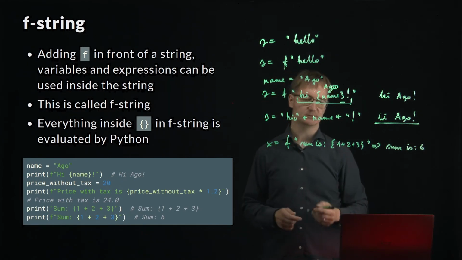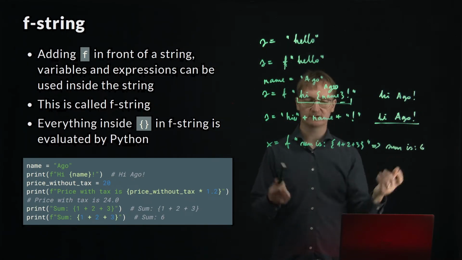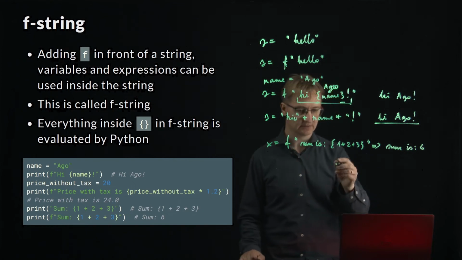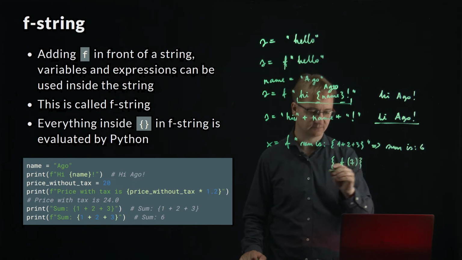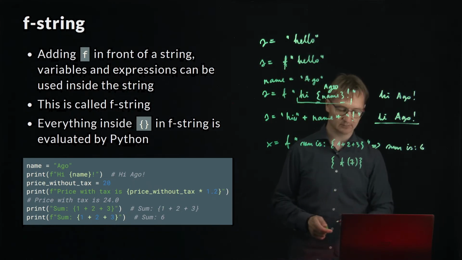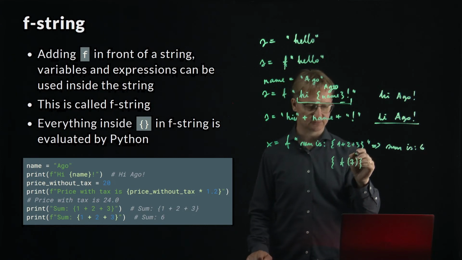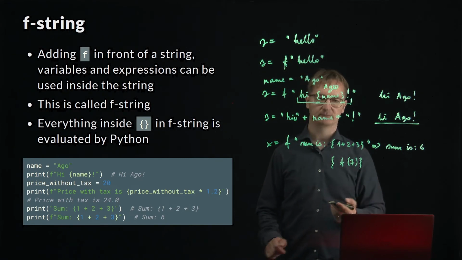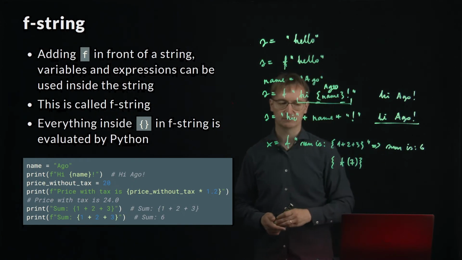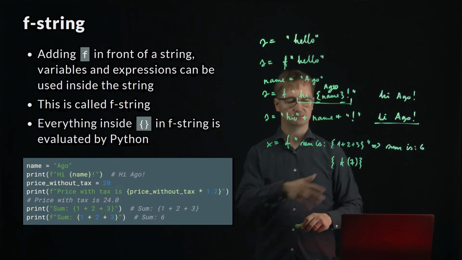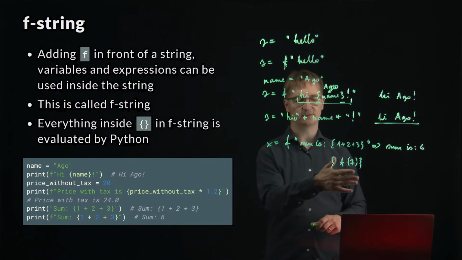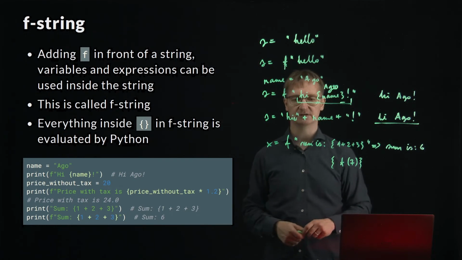It's a nice way to calculate something or call functions. For example, here we have an example where there is a function call, whatever function, whatever value. The 7 here could also be some variable and so on. But it's more convenient to read and more convenient to write this kind of expressions inside the string.